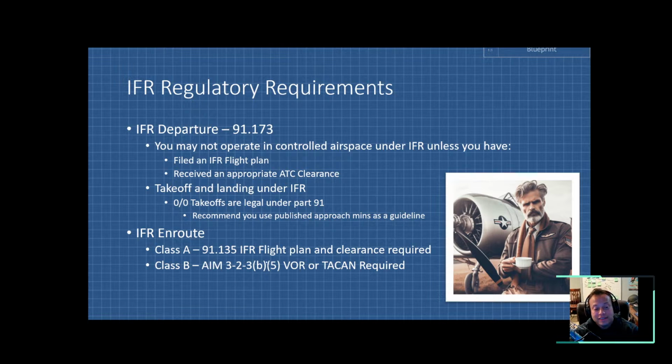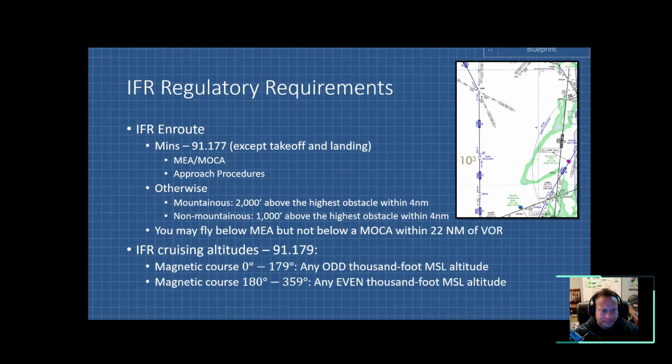Class B, now you must also have a VOR or TACAN in your aircraft. And let's talk about your mins, or your altitudes now. So there's the MEA and the MOCA. The MEA is the minimum en route altitude, and the MOCA is the minimum obstruction clearance altitude.